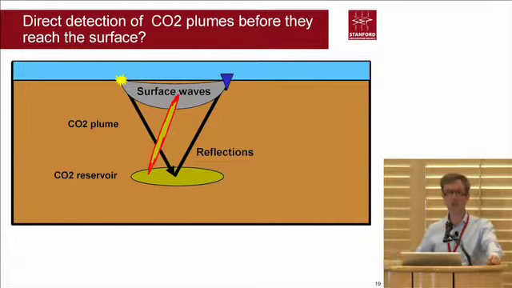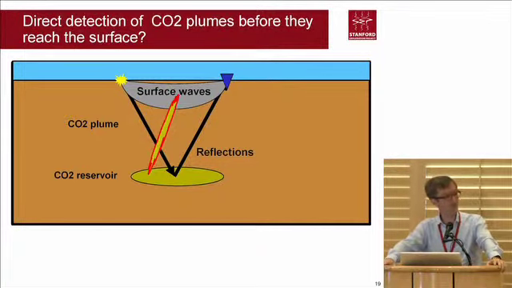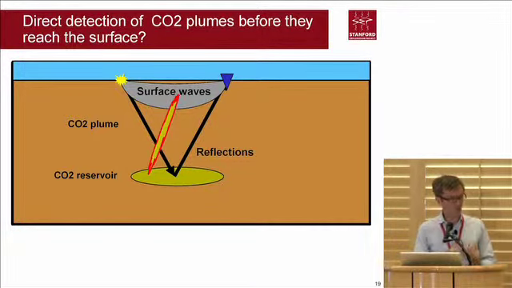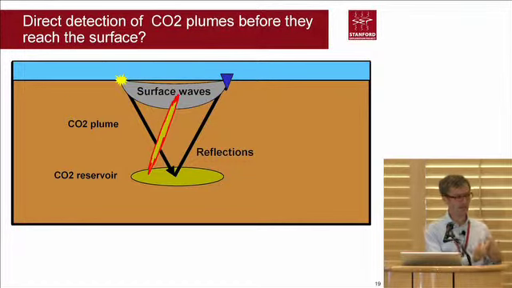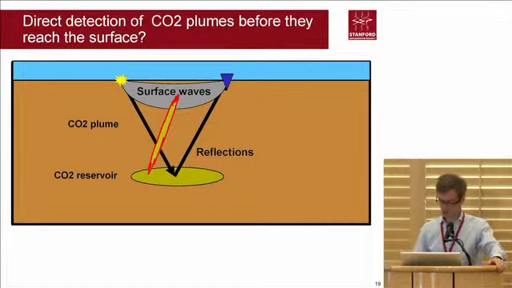So maybe we are not able to image down kilometers, but we may be able to image a few hundred meters and get an early warning, maybe an early warning that motivates us to have an active seismic survey instead of just a passive one. So can we actually detect the signature of CO2 that is lowering the seismic velocity using passive data for plumes coming up at the surface? That is still a direct detection.